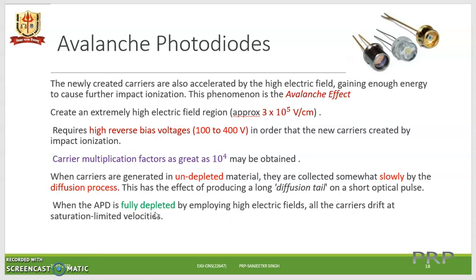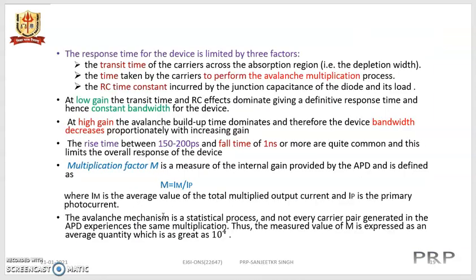But when the APD is fully depleted, with the help of the high electric field, all the carriers drift at saturation limited velocities, which is quite high. Now the response time of the device is limited by 3 factors.